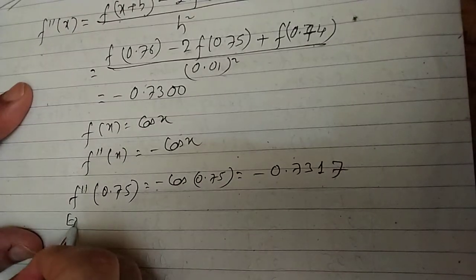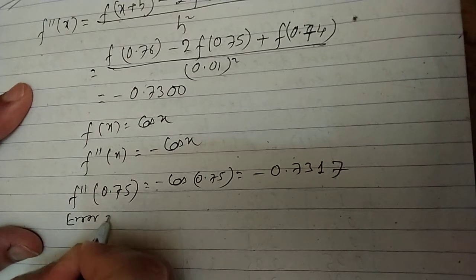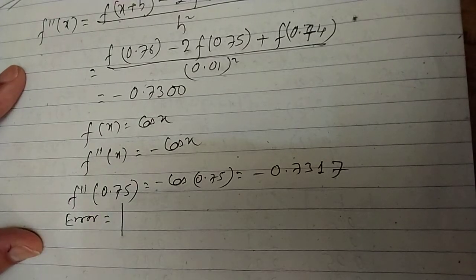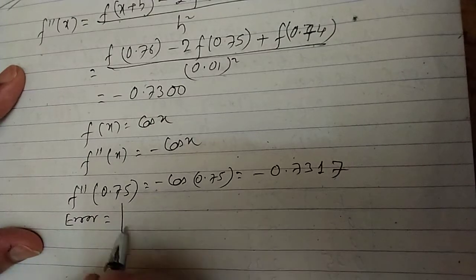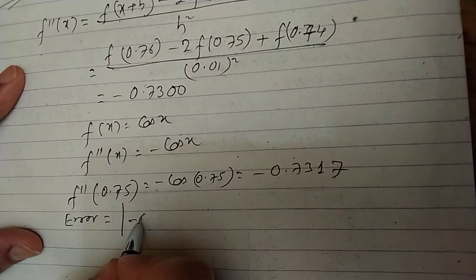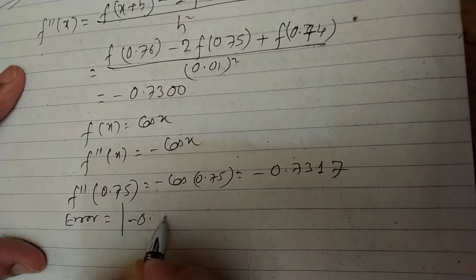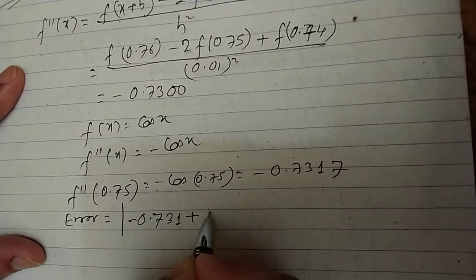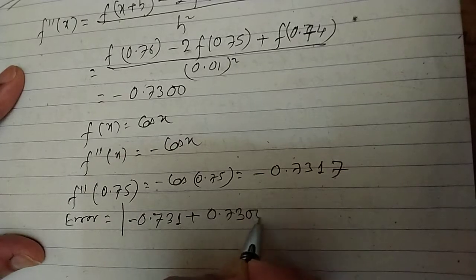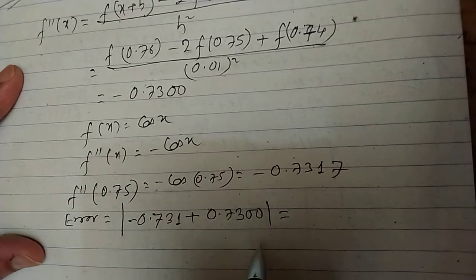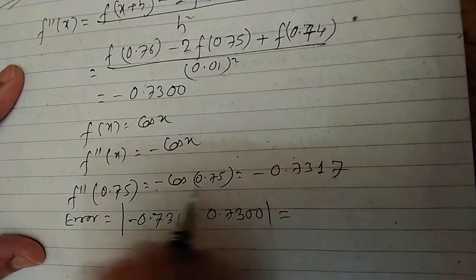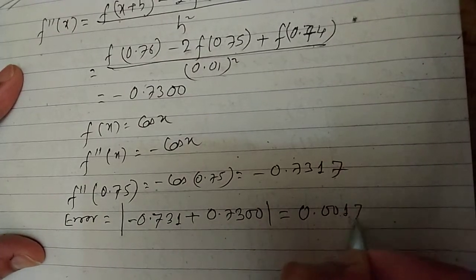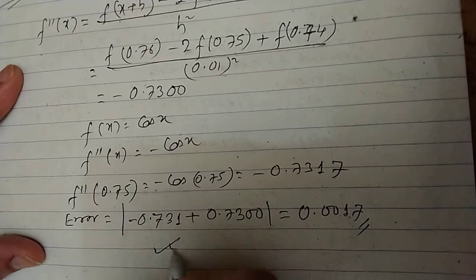So take the difference, the error. You can take an absolute value. So minus 0.7317 minus minus 0.7300. We'll take the absolute value, so just show the difference. This will give you the absolute error, 0.0017. Okay, so this is the answer.